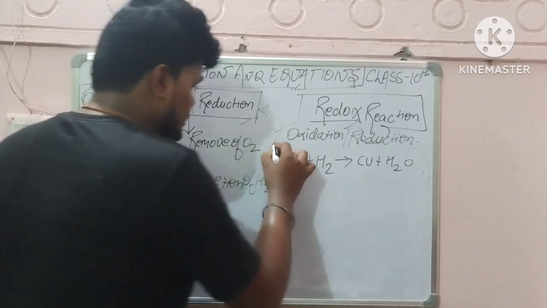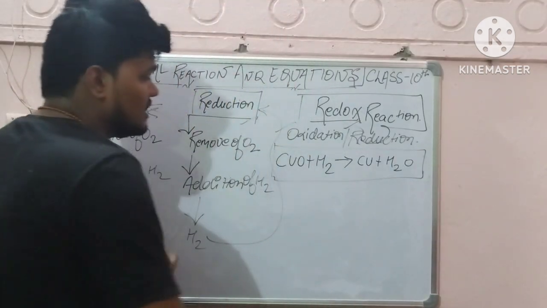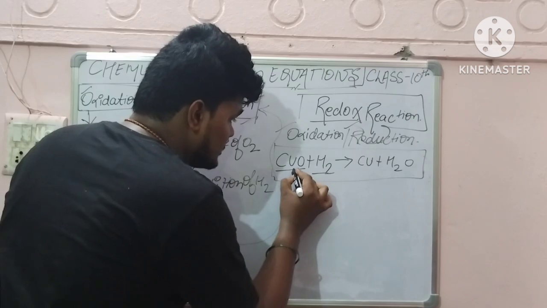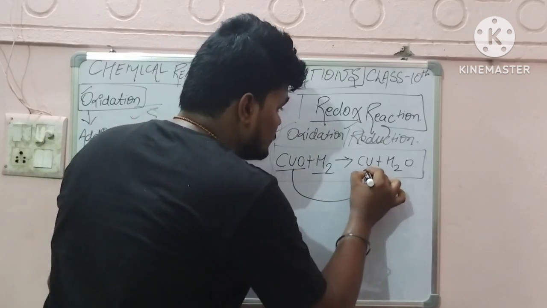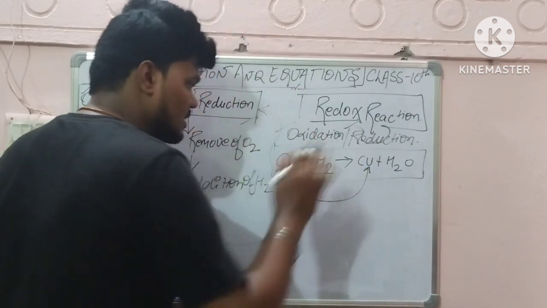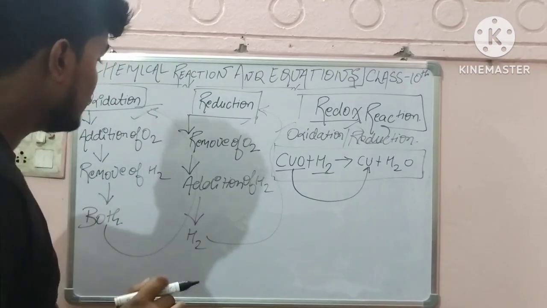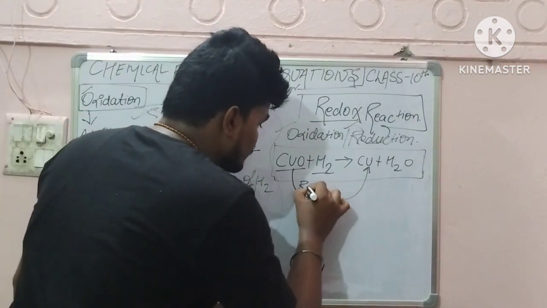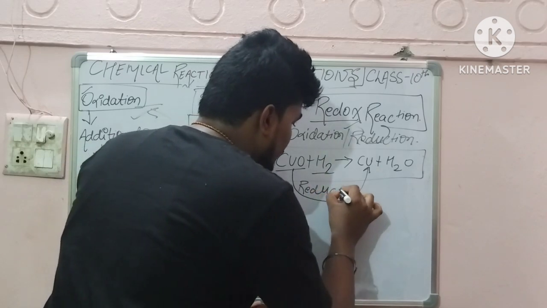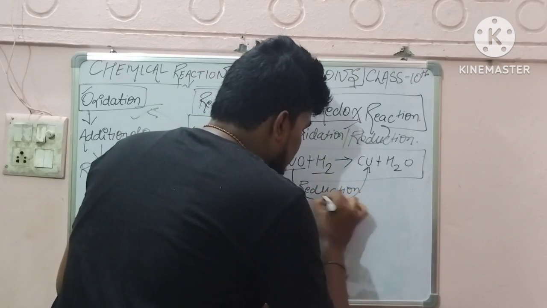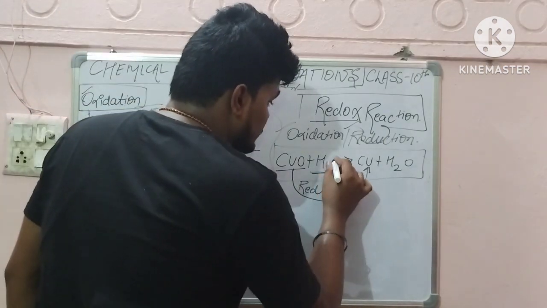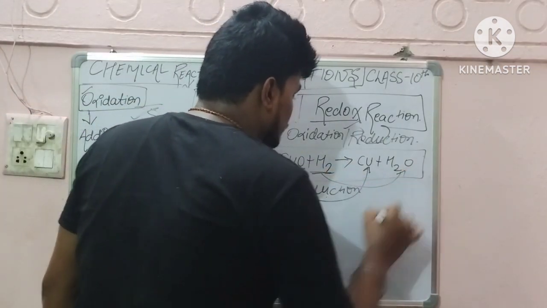That is clear. Let's take one example which I have written. CuO and H2. What happens here? CuO is removed, meaning removal of oxygen has happened. Removal of oxygen happens in reduction, so here a reduction reaction has happened. Then you see, hydrogen was there, then it has gained oxygen.